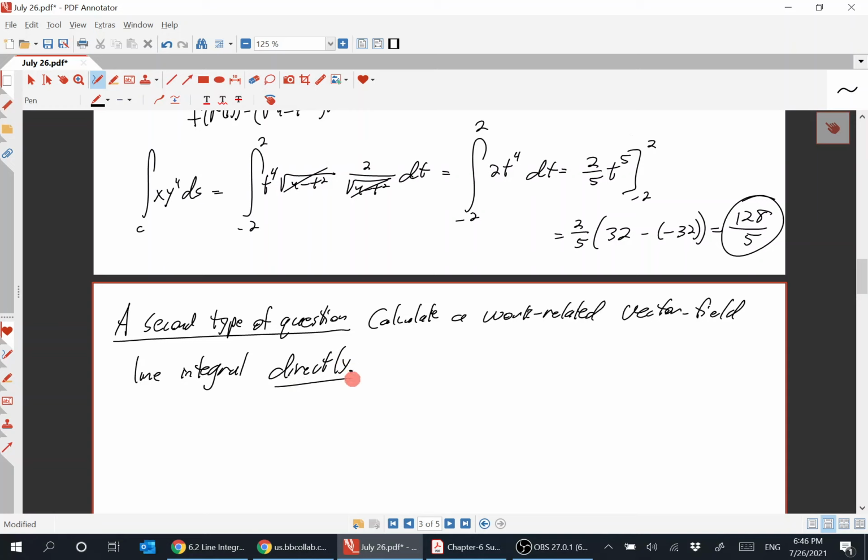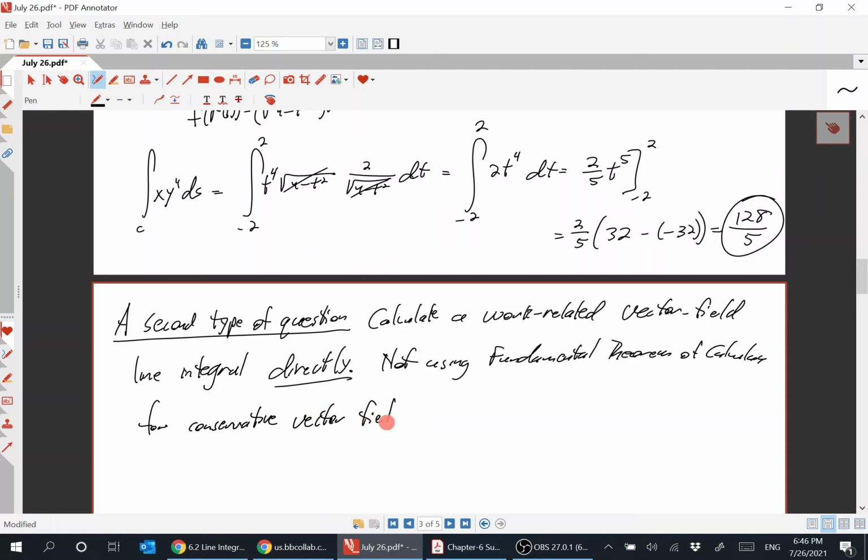By directly, I mean not using the fundamental theorem for line integrals, for conservative vector fields, I guess, or Green's theorem.